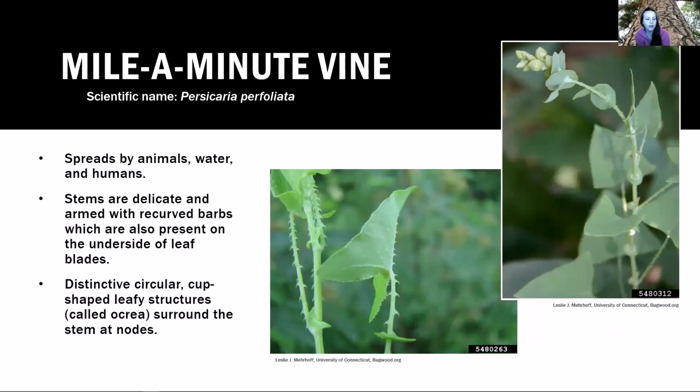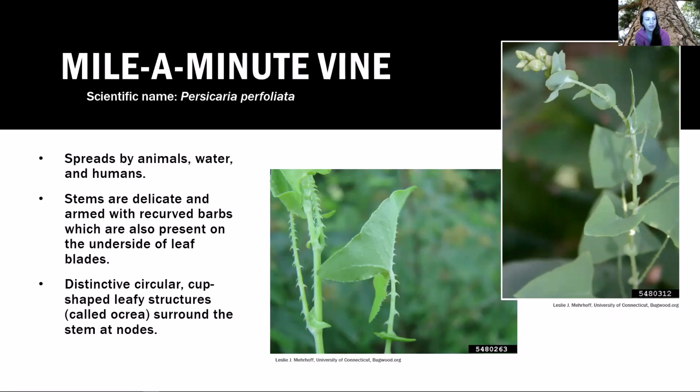So here's where mile-a-minute can get its other name, the devil's tear thumb. It has these recurved barbs, both on the stem and also on the underside of the leaf blades. So again, this is why you want to be very, very careful if you're in an area that has this species, and make sure that you do not get tangled up in it yourself.